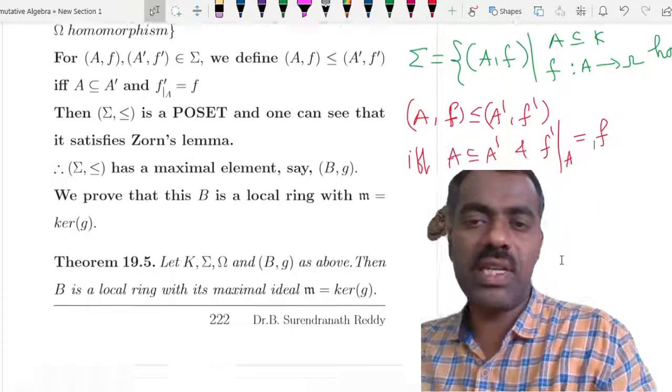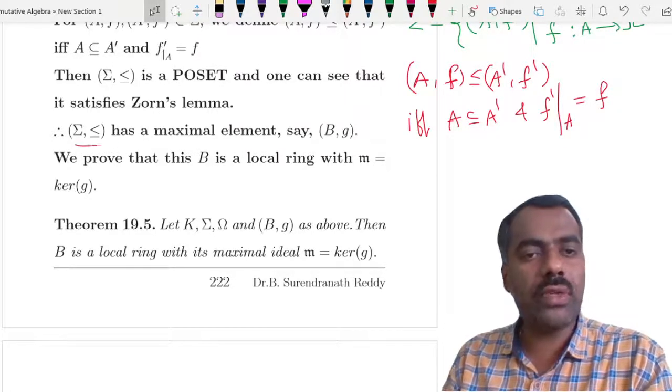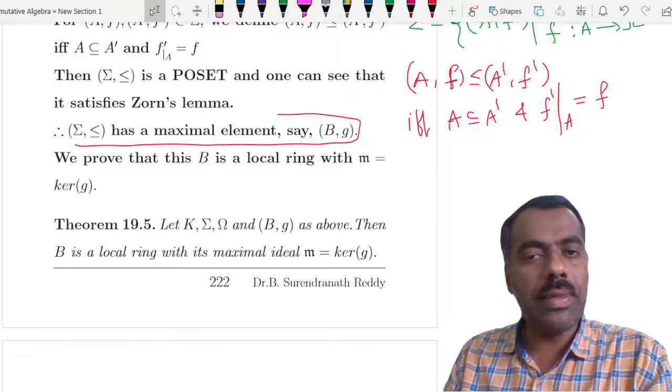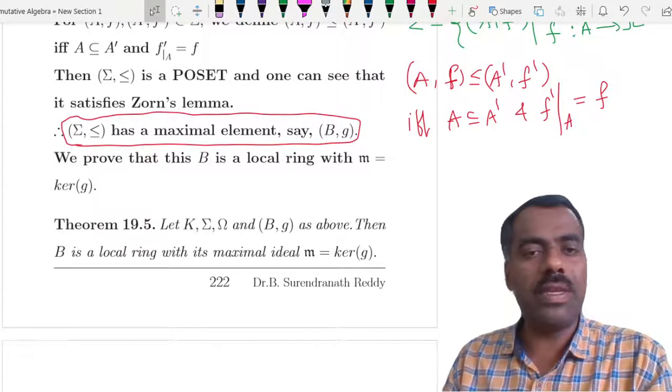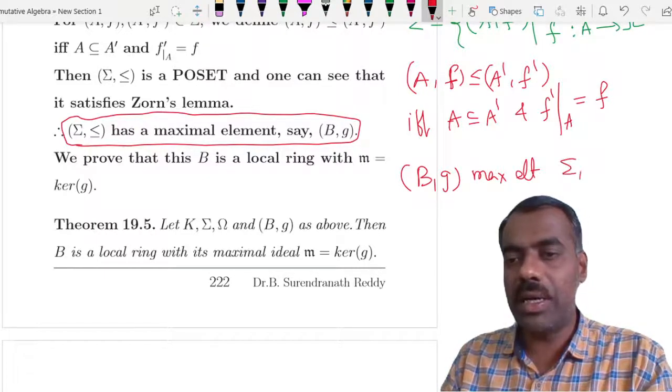With this relation, you can check that it is a poset and it satisfies Zorn's lemma. Therefore, it has a maximal element. That maximal element we will call (B, g). So our (B, g) is a maximal element of this sigma.